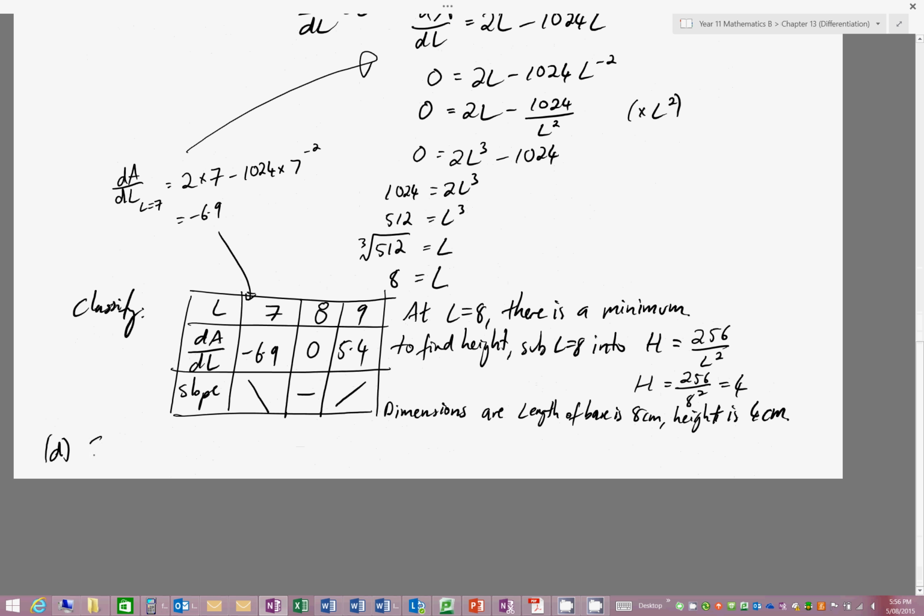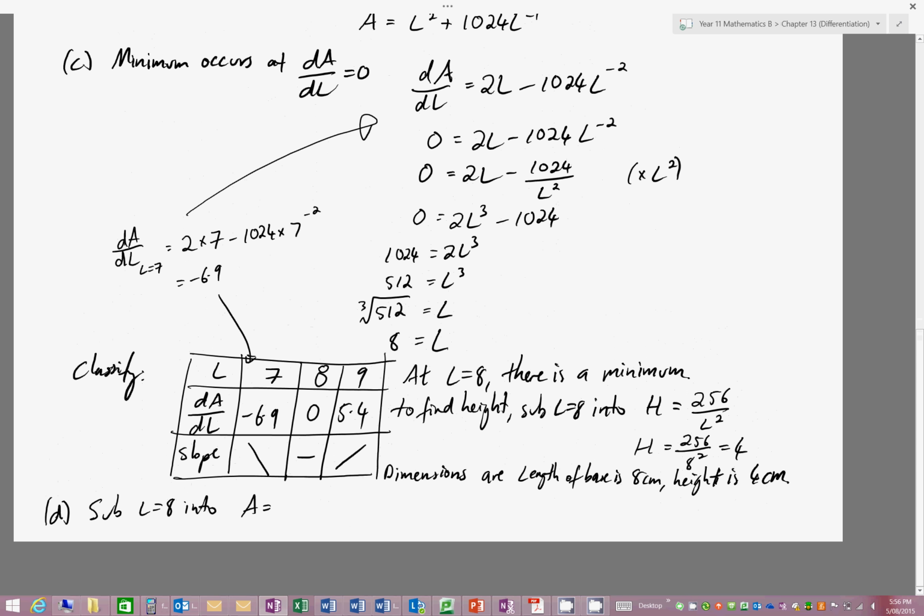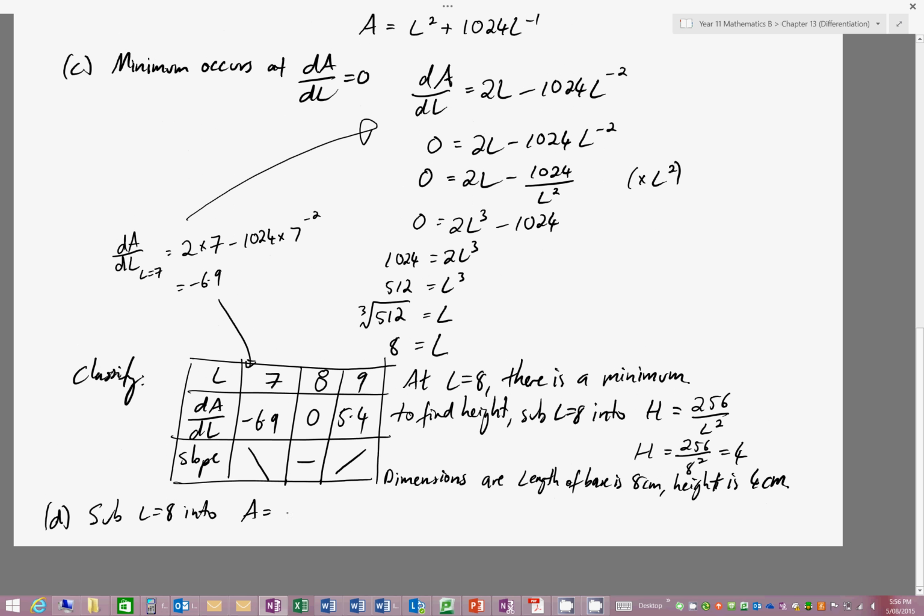I'm going to substitute L equals 8 into A equals L squared plus 1024 L to the minus 1.